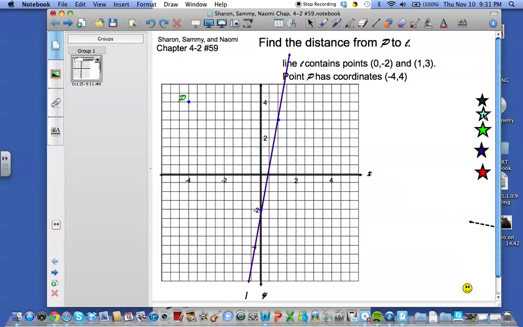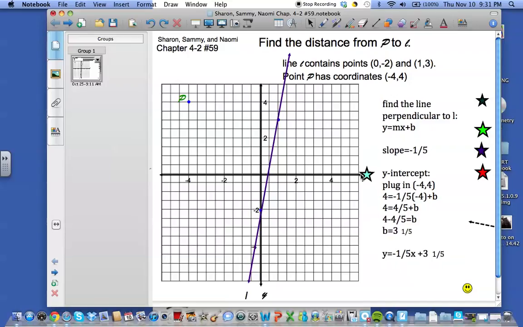And our next step, right here, is to find the line perpendicular to line L. And so again, we'll use our slope-intercept form, y equals mx plus b. Well, first of all, our slope is -1/5 because it's the negative reciprocal. And so we'll plug in (-4, 4) right here.